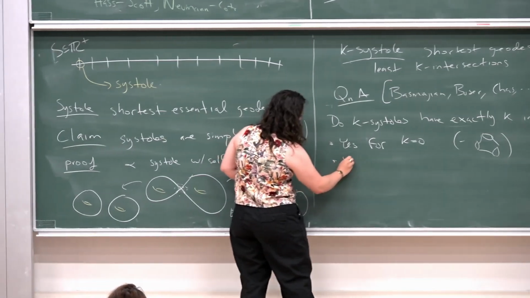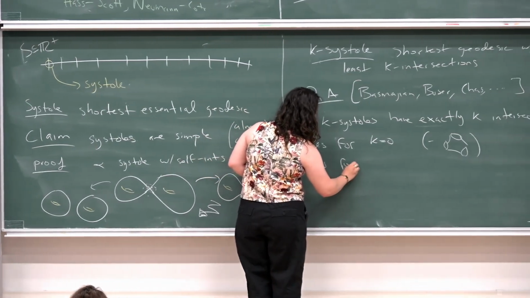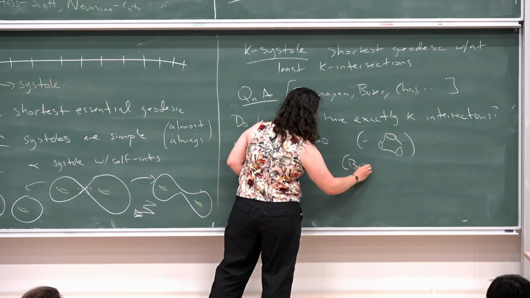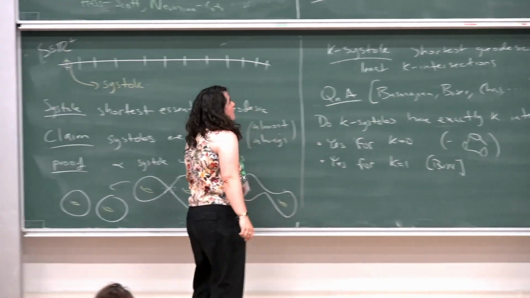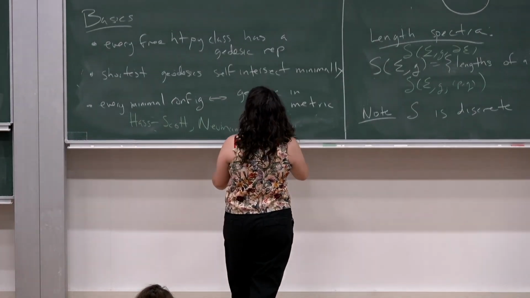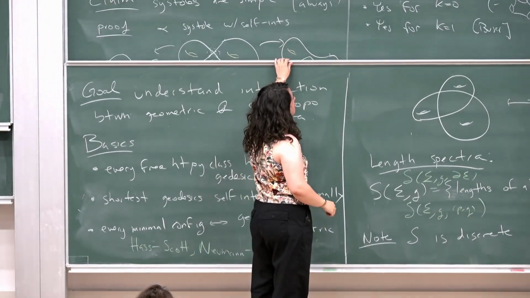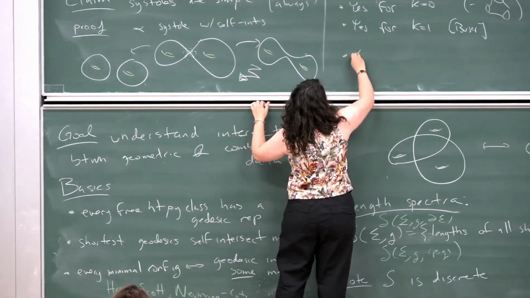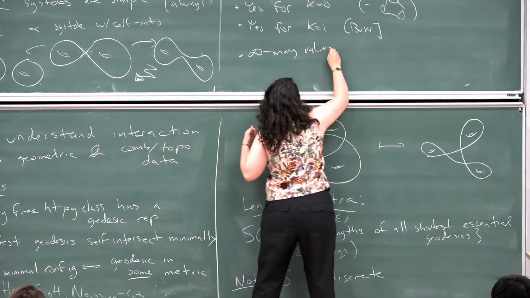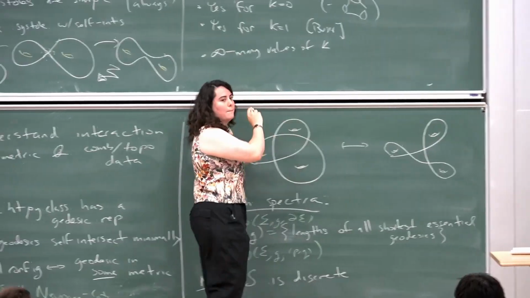We know it for K equals 1. That's a theorem of Bussa. And we know it for infinitely many values of K, but depending on the metric.